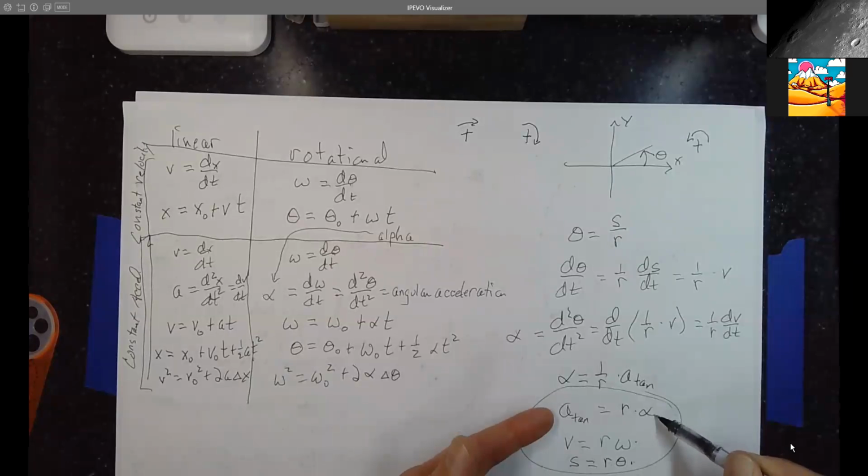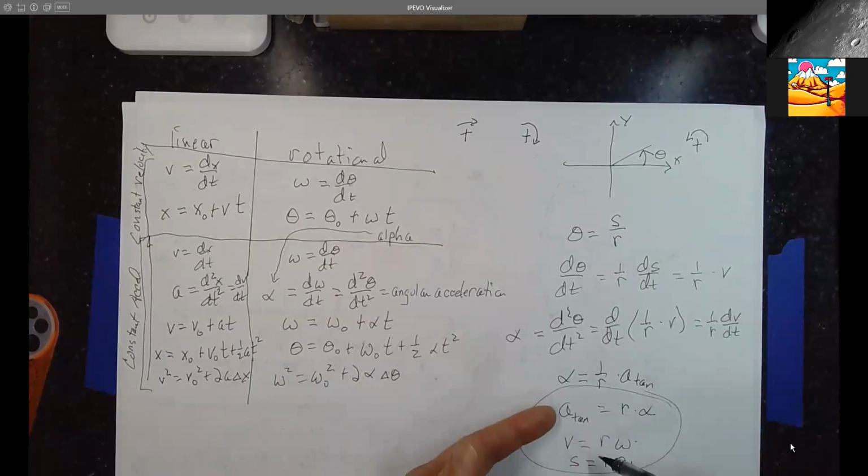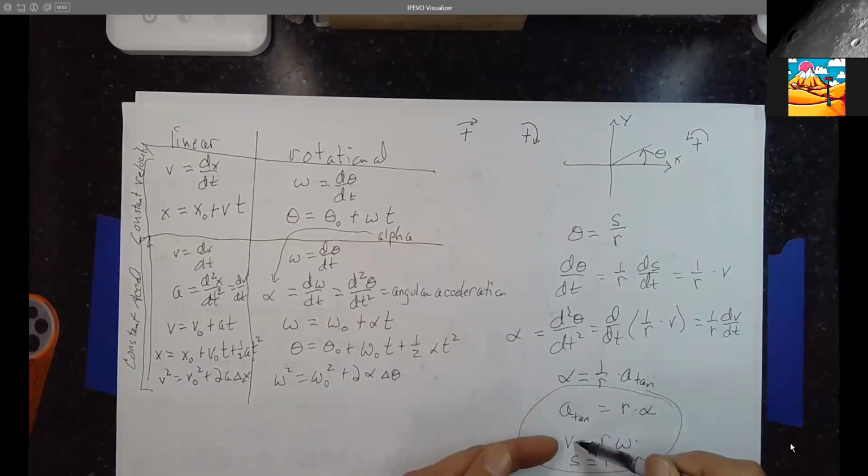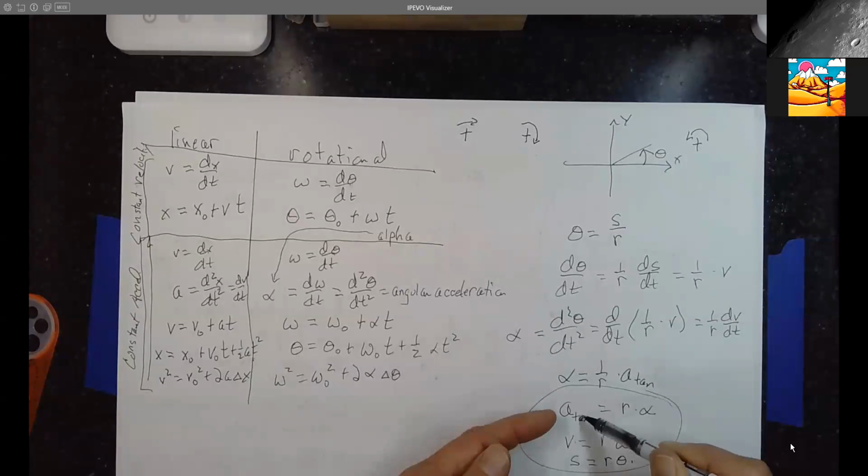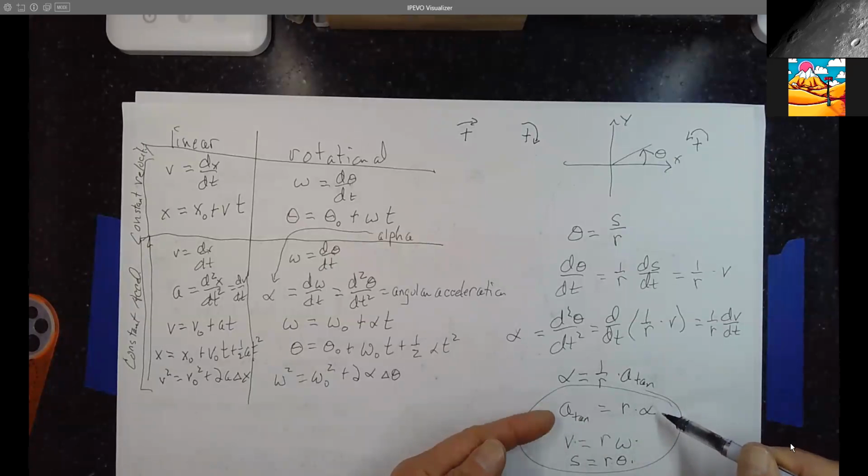You do have to recognize that the acceleration you get by taking the derivative of the speed with respect to time doesn't include the radial acceleration. It's just going to give you the tangential acceleration.